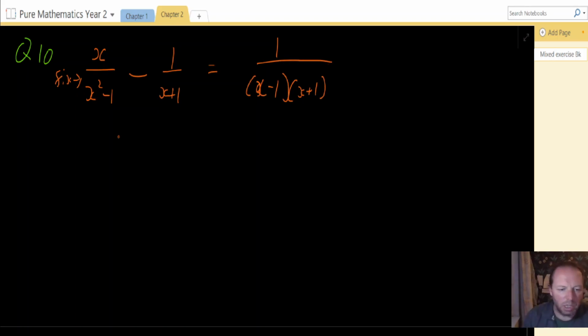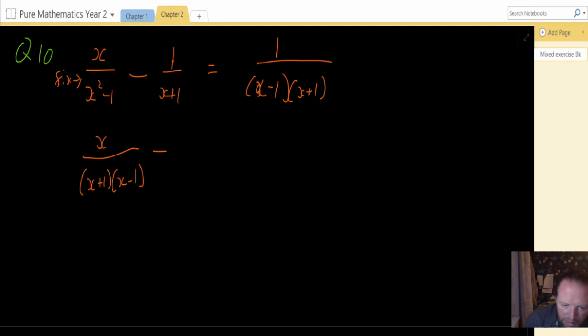Okay, so first things first, let's have a little look at this and see what we can do. That looks like the difference of two squares, because x squared is a square number, minus 1, and 1 is a square number. So this can be written as x plus 1 and x minus 1 as the factorization.